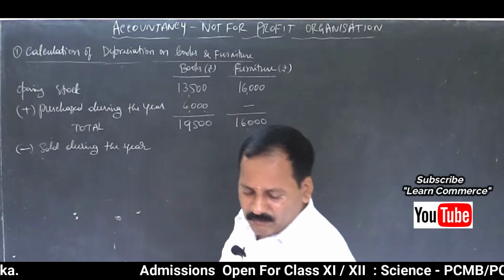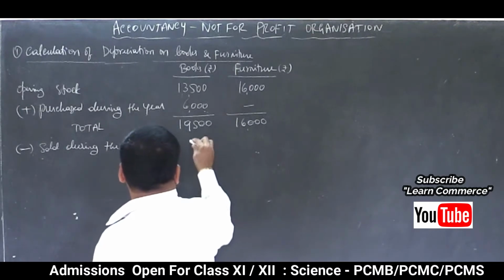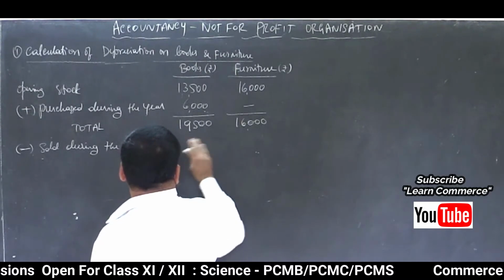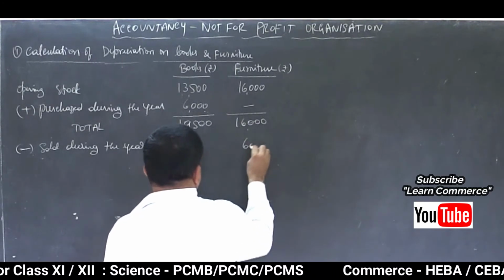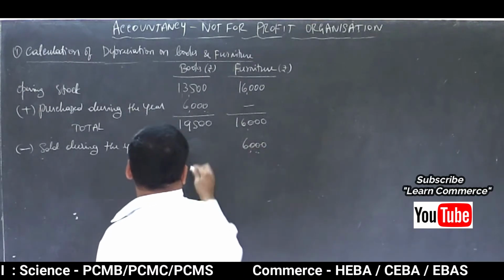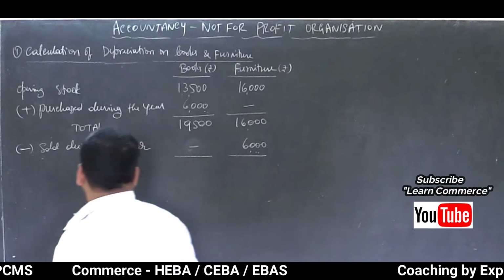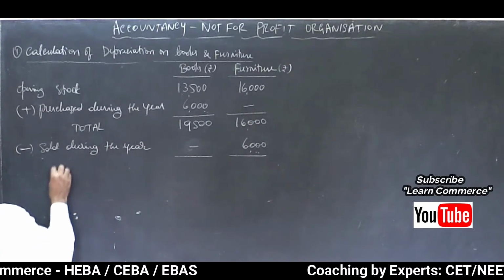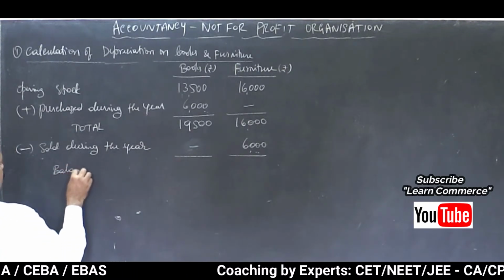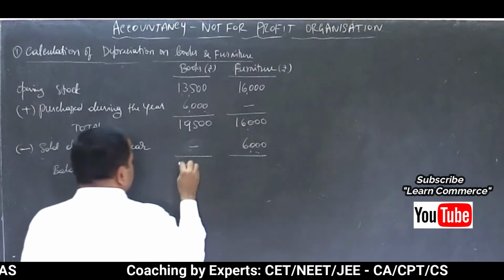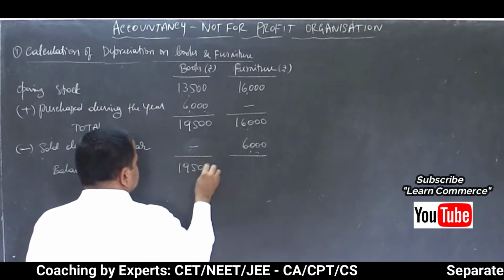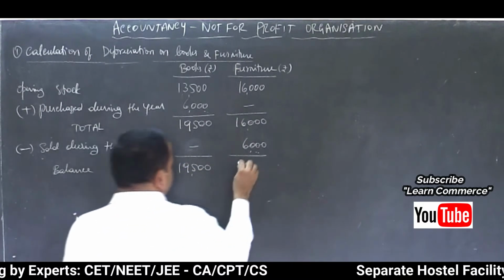The book value of furniture sold was 6,000. Here nil. Balance: 19,500 as it is, and here 10,000.